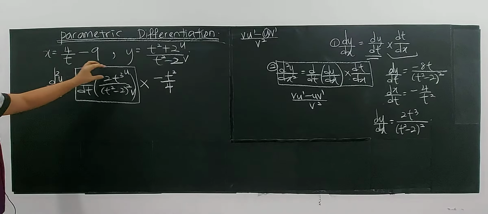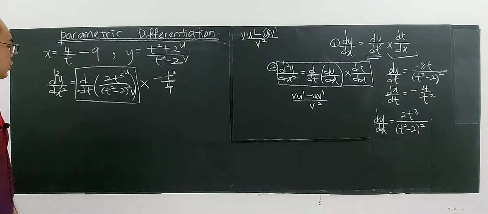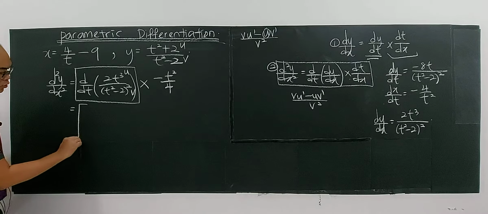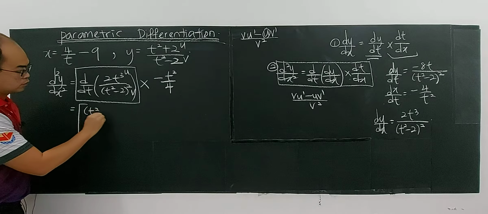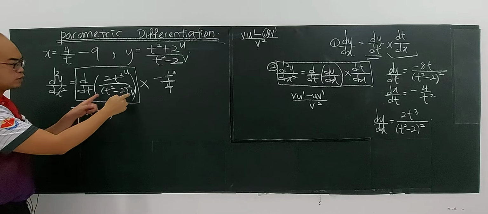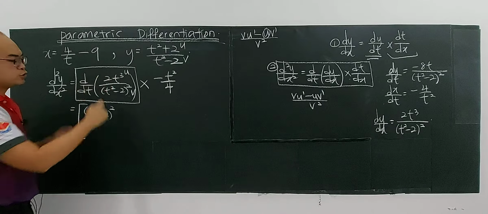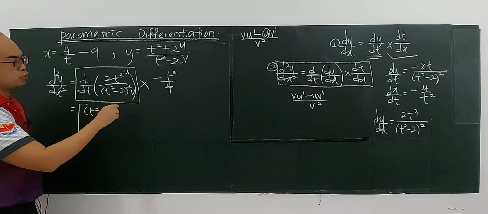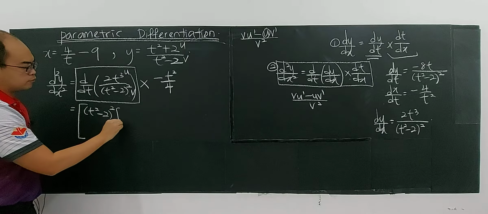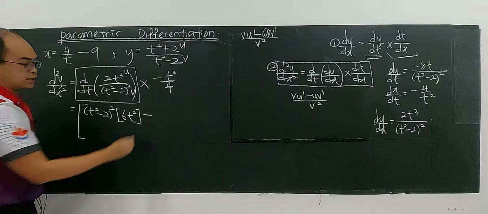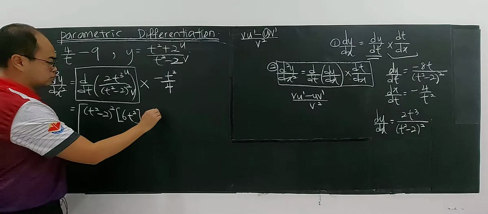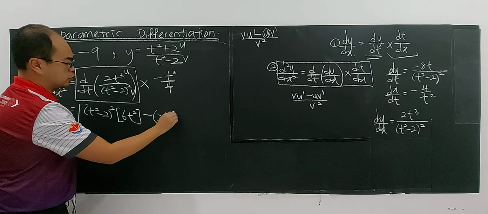Follow that order. So v, (t squared minus 2) to the power of 2, times u prime, which is 6t squared, minus 2t cubed times v prime.